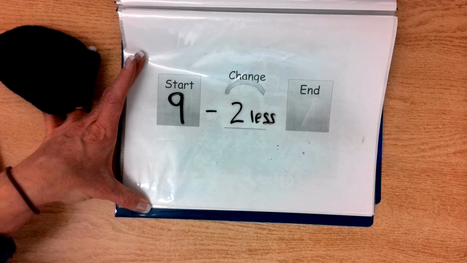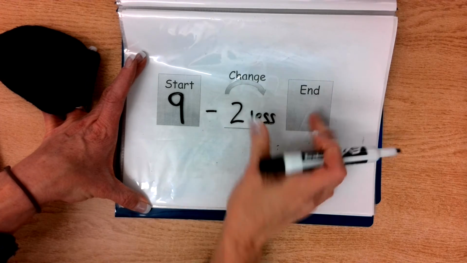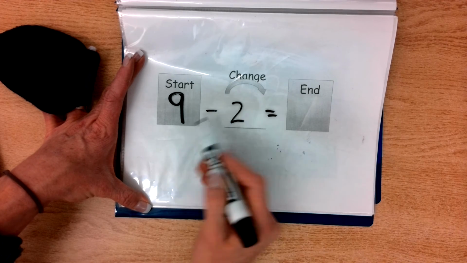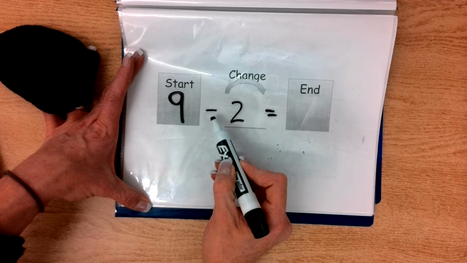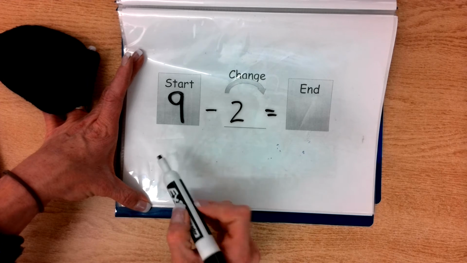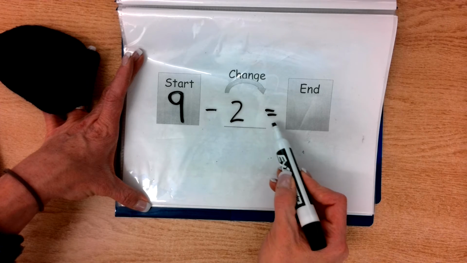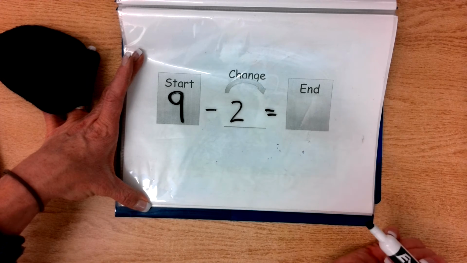It's read 9 minus 2 is equal to. So again, this is the subtraction symbol. It's a minus sign, so it's read 9 minus 2 is equal to, and you would put your answer there.